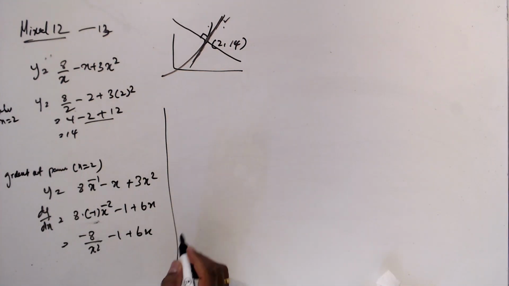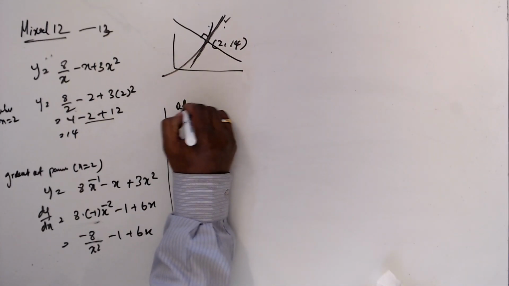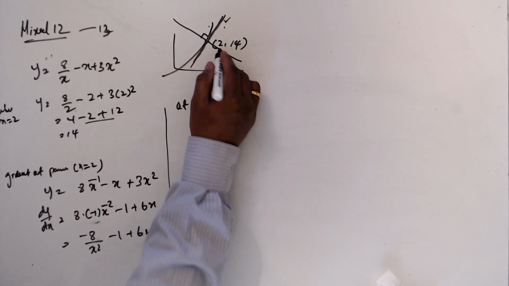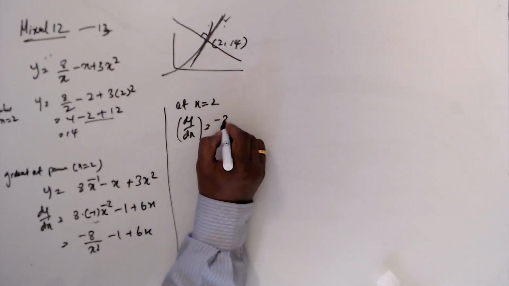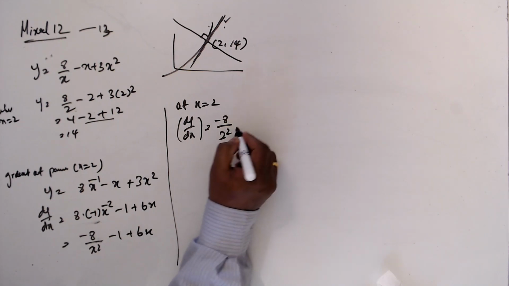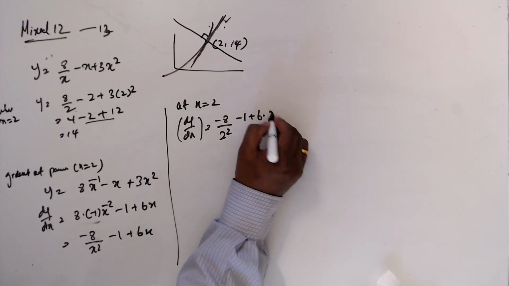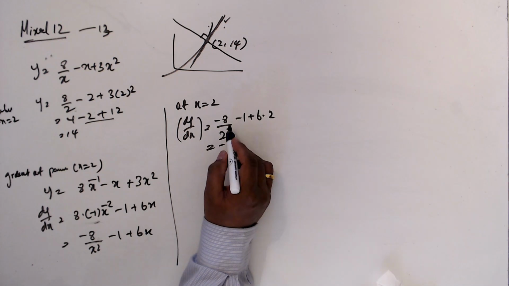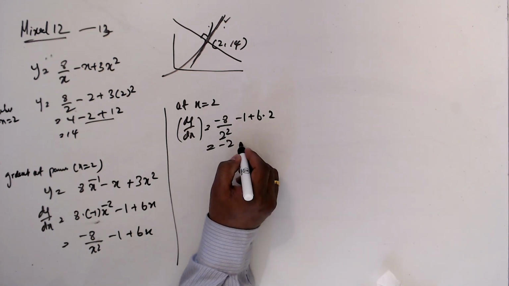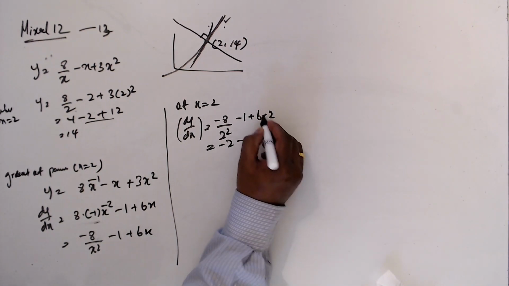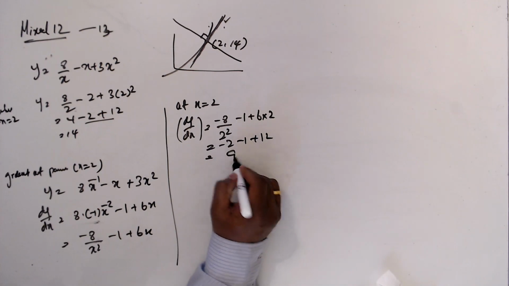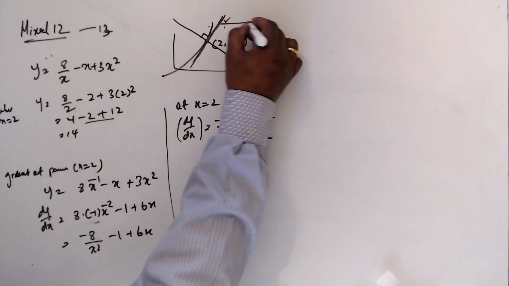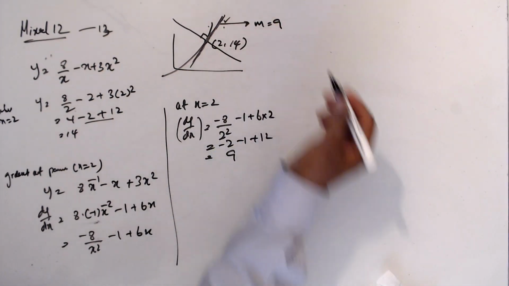So at x equal 2, dy by dx equal minus 8 over 2 square, minus 1, plus 6 times 2. So this is 2 square 4, minus 8 divided by 4, minus 2, minus 1, and this is 12, 9. So you found out this gradient is 9.